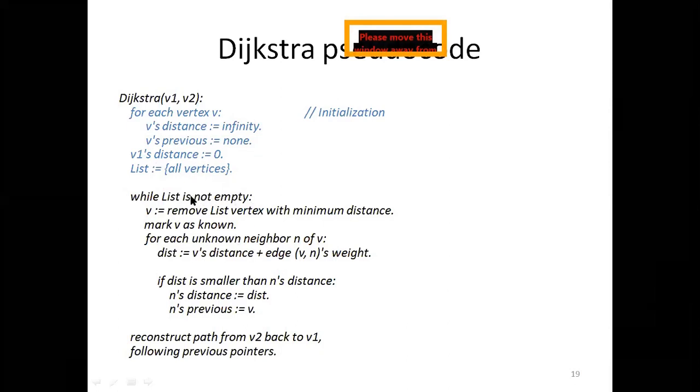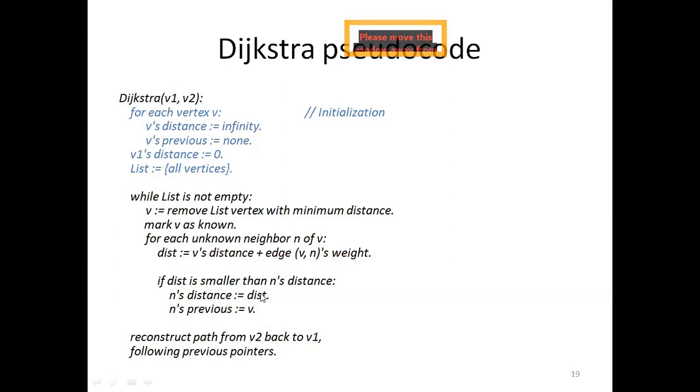Okay, there are some vertices in the list. Remove the list vertex with the minimum distance, so the minimum distance vertex you can remove. Mark V as known. For each unknown neighbor n of V, distance is equal to V's distance plus edge of V comma n's weight.